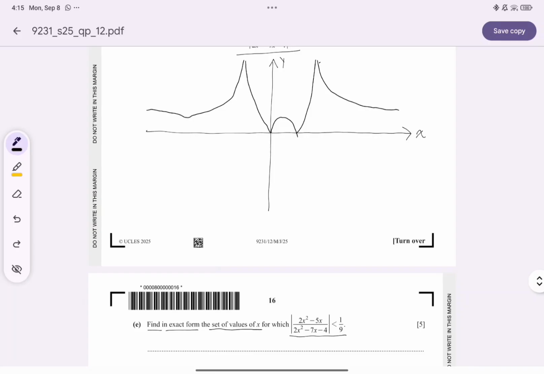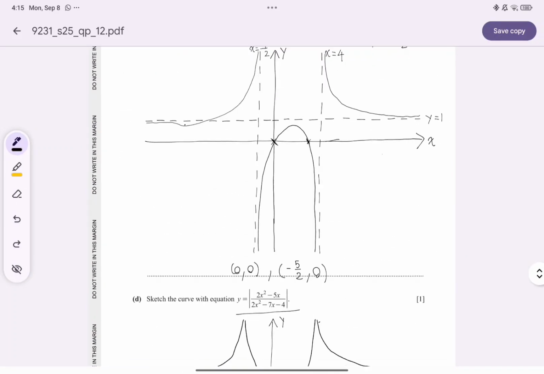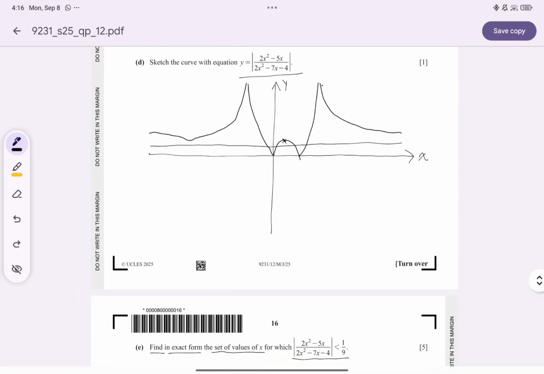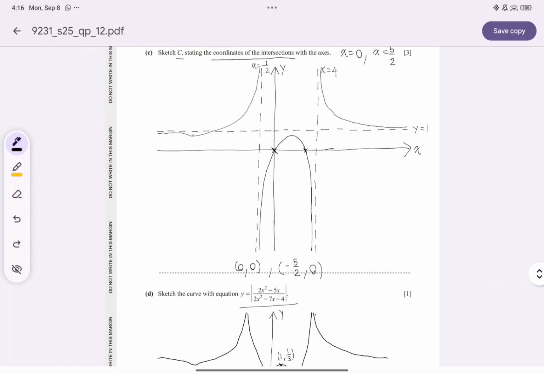The line y equals 1 over 9 would be somewhere here. It would be below this turning point, whose coordinates are 1, 1/3.